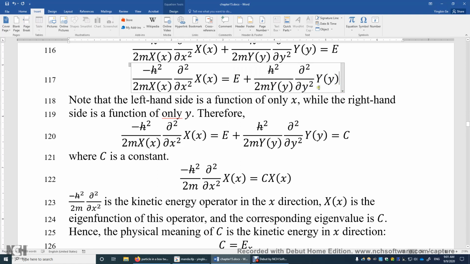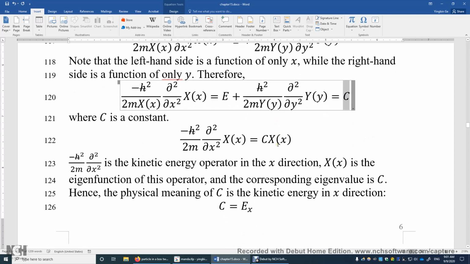So anyway, we're just trying to prove that both are constants if a function of x is equal to another function of y, and x and y are independent variables. This is the only possibility here. They should both be equal to the same constant.